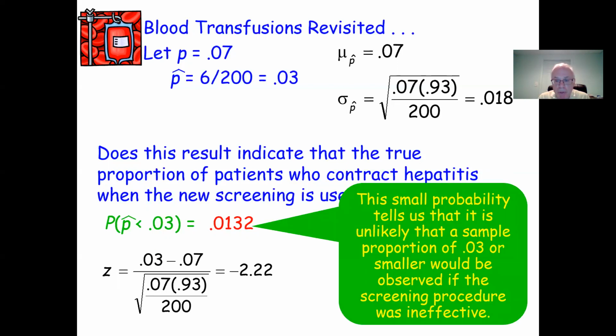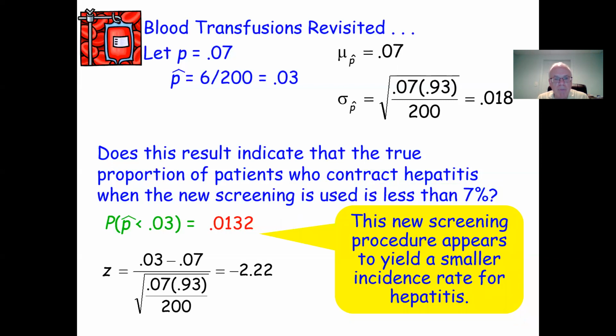That's what they're saying here. Unlikely that the sample proportion of 0.03 or smaller would be observed if the screening procedure was ineffective. So it sounds like it's an effective procedure. But again, don't worry about the interpretation here so much, because this is something we'll be doing later. Just the calculations would be a good thing to do.